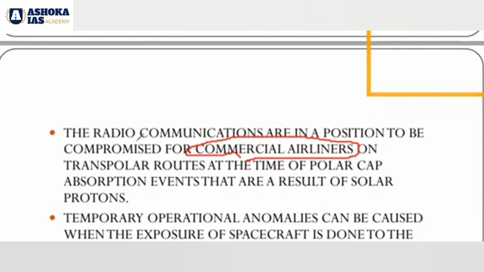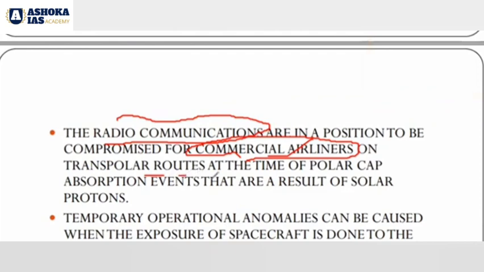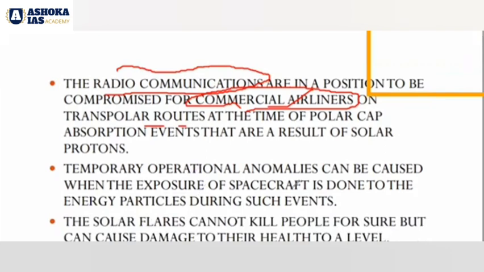If the radio communication is hampered by this plasma, it could lead to accidents of these airplanes, mostly on the transpolar routes. Transpolar routes means near the North Pole and South Pole, because the effect of plasma and the geomagnetic storm is mostly found near the poles, where the intensity of the magnetic field is high.